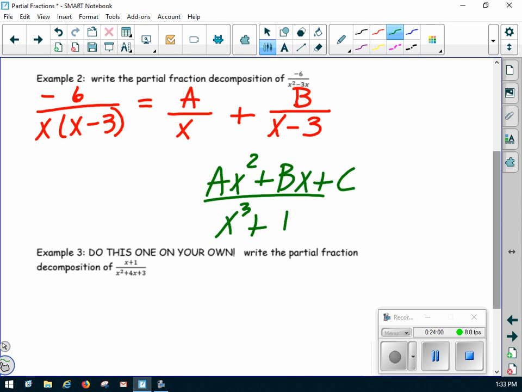Constant is just something that doesn't have an extra. Correct. Now, what is the relationship between the degree of the numerator and the degree of the denominator? Right. Whatever the degree of the bottom is, the numerator is 1 less.